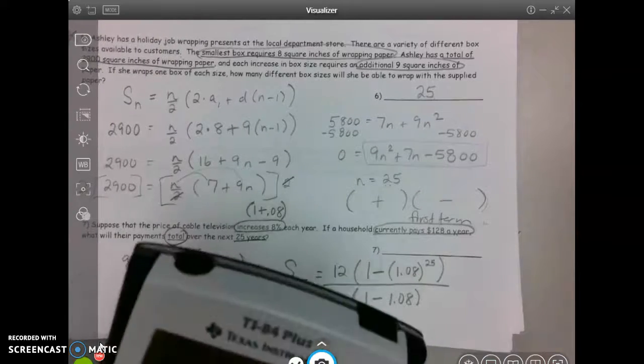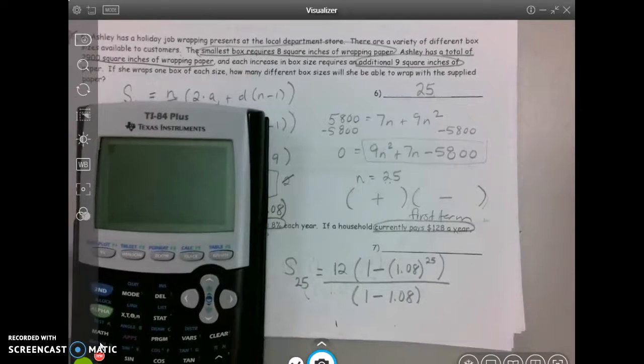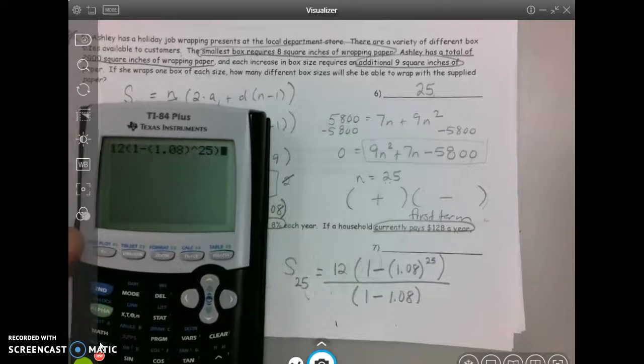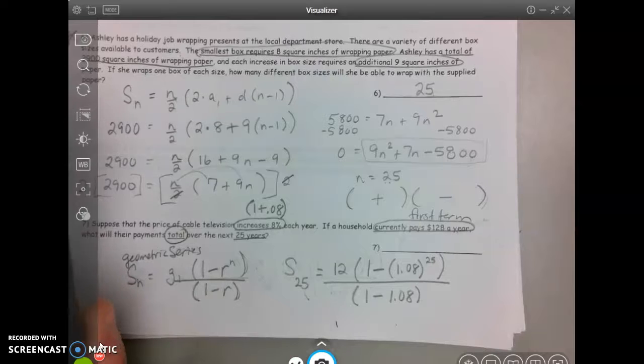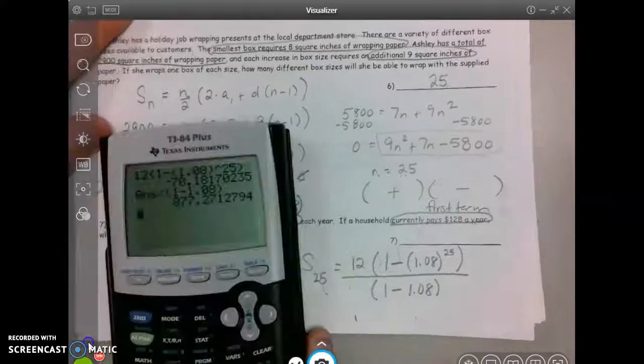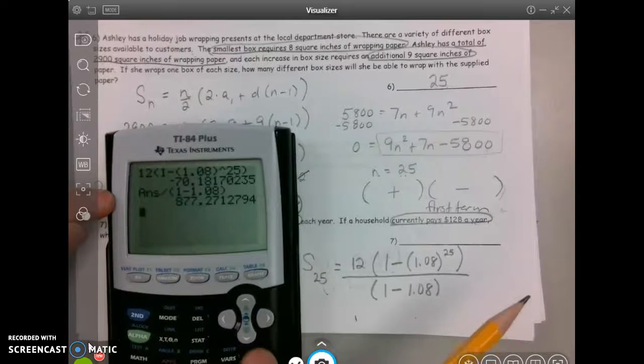So I go over to my calculator, and I have 12, parentheses 1 minus, in parentheses, 1.08 to the 25th power. That's my numerator, and I'm going to divide that by 1 minus 1.08. As I'm typing this in, I realized that I typed that in as a 12, not as a 128.